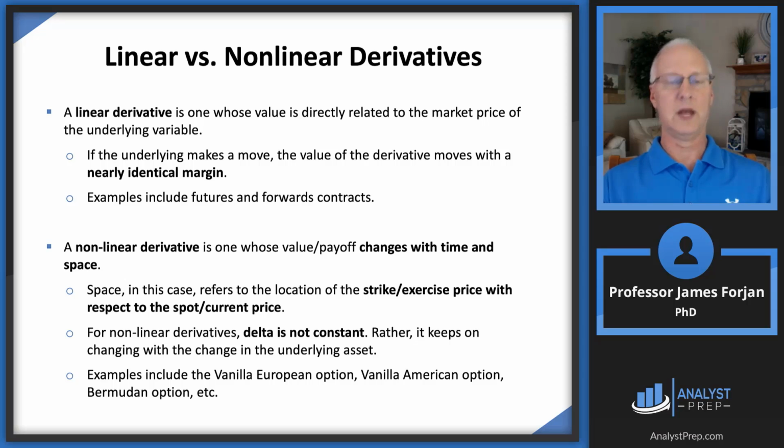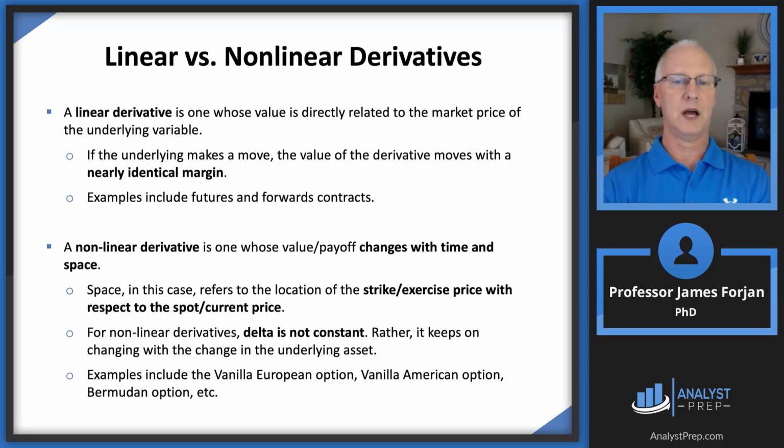And here's the example. Suppose that we own a call option on a share of stock, and that share of stock is trading at $100, and the exercise price is $100, and the share of stock goes up to $101. The question then becomes, what happens to the price of the option? Well, it has everything to do with the delta of the option.